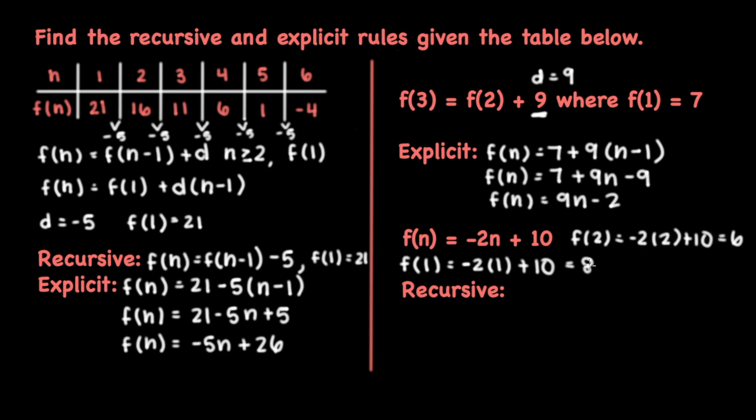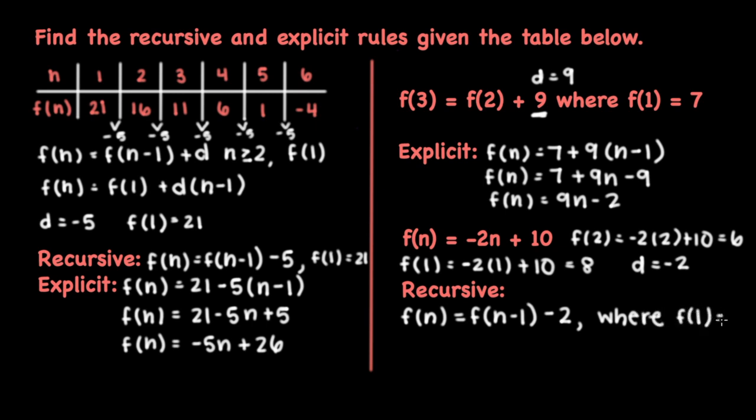So that means we have a common difference of negative 2. And to write our recursive rule, we have f of n is equal to f of n minus 1 minus 2, where f of 1 is 8.